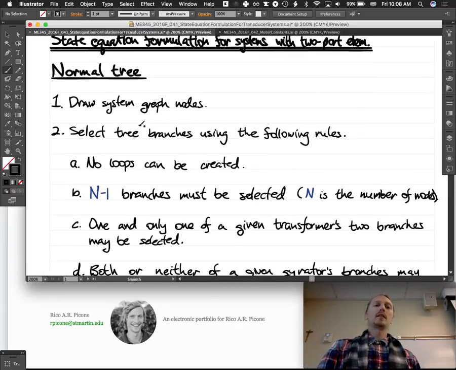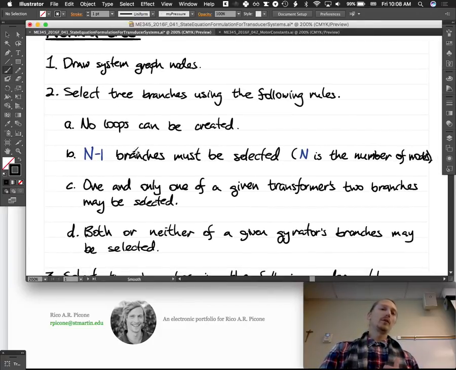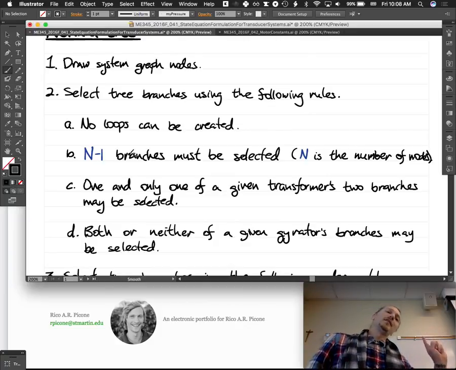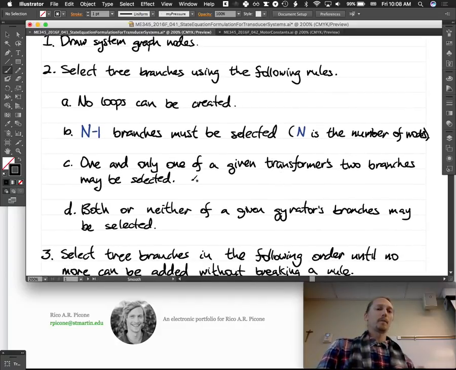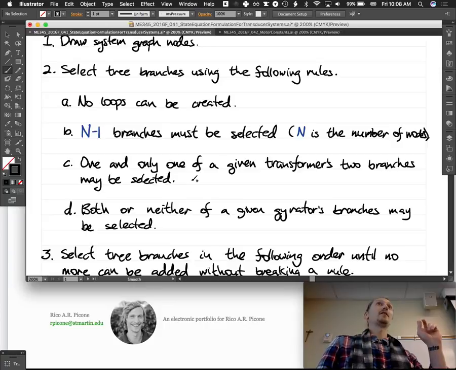Step 2 is to select tree branches using the following rules. Rule A, no loops can be created. We've done that before. B, N-1 branches must be selected, where N is the number of nodes, so we also had that before. C, one and only one of a given transformer's two branches may be selected. That's a new rule.